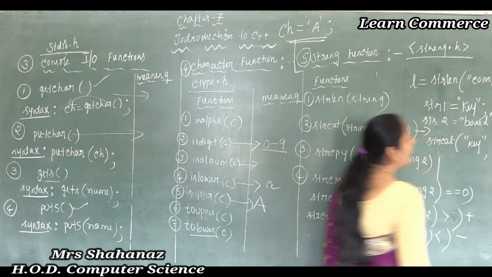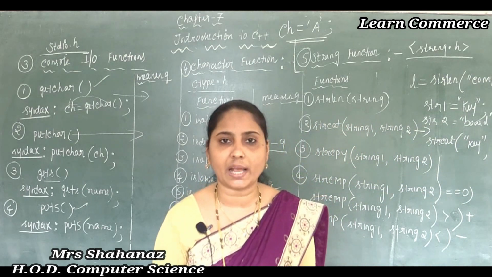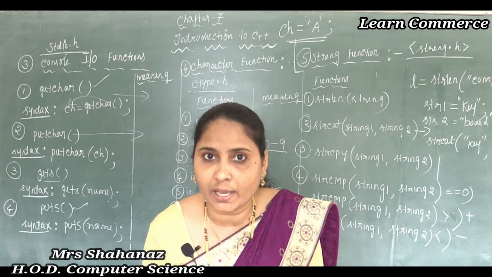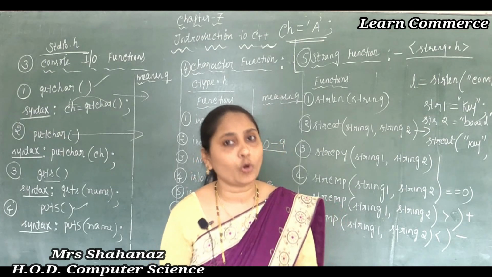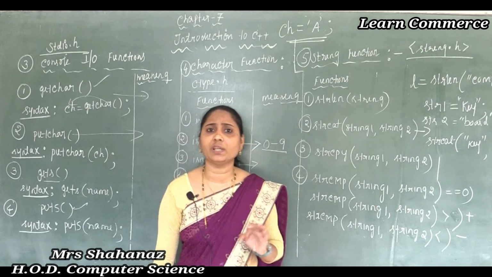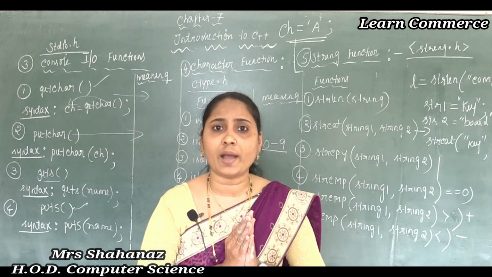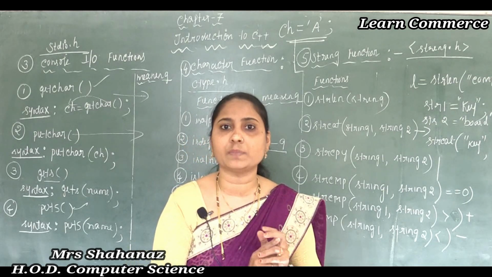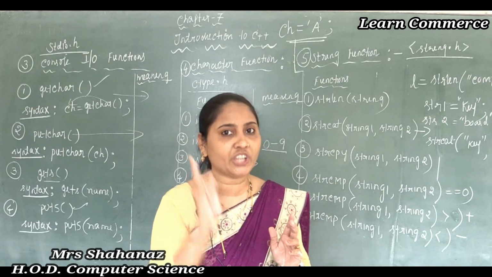So finally we'll get the answer in str1. The purpose of this strcat is combining two strings together. So here the value of str1 becomes keyboard, but str2 remains unchanged.